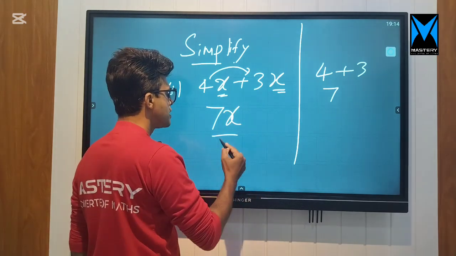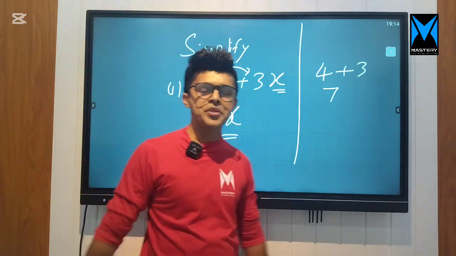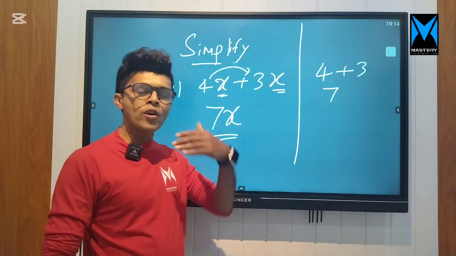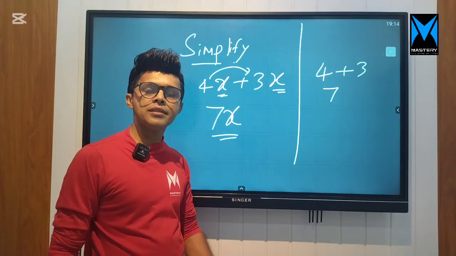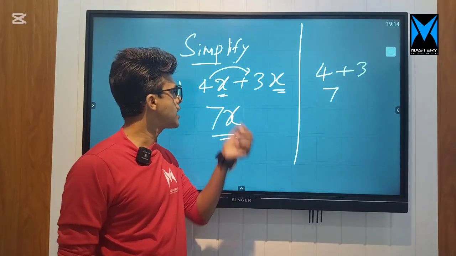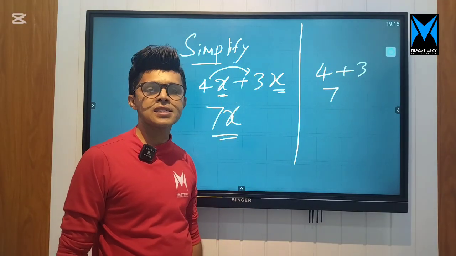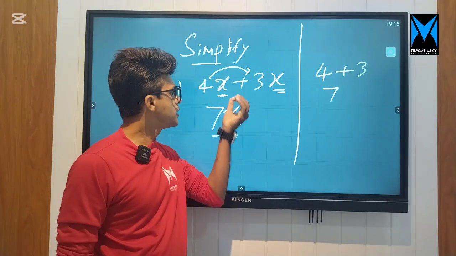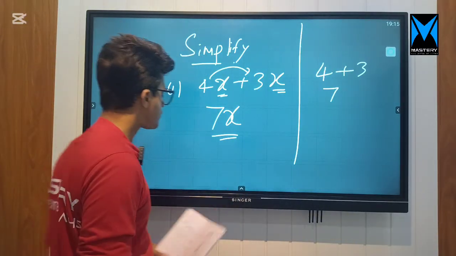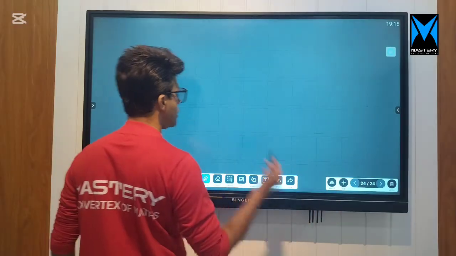So the answer is 7x. 4x plus 3x is 7x. In order to add these terms in this way, like terms should be given. Here, x.